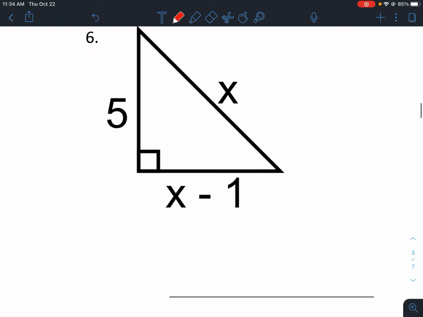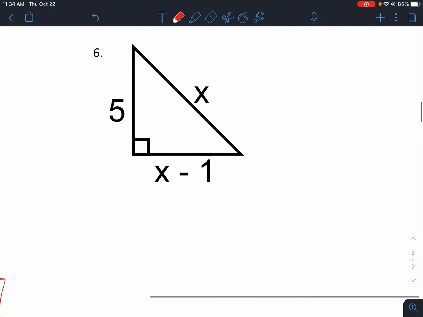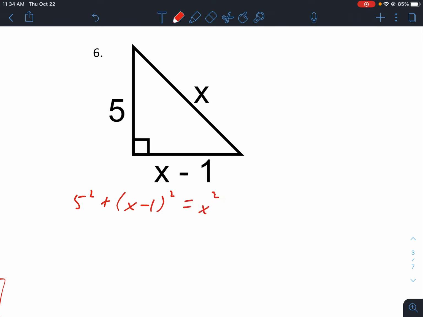Number 6, once again, x is the hypotenuse, so make sure x goes by itself. So we have 5 squared plus x minus 1 squared equals x squared. 25 plus, now for x minus 1 squared, I'm just going to do this work off to the side over here. x minus 1 squared means x minus 1 times x minus 1.